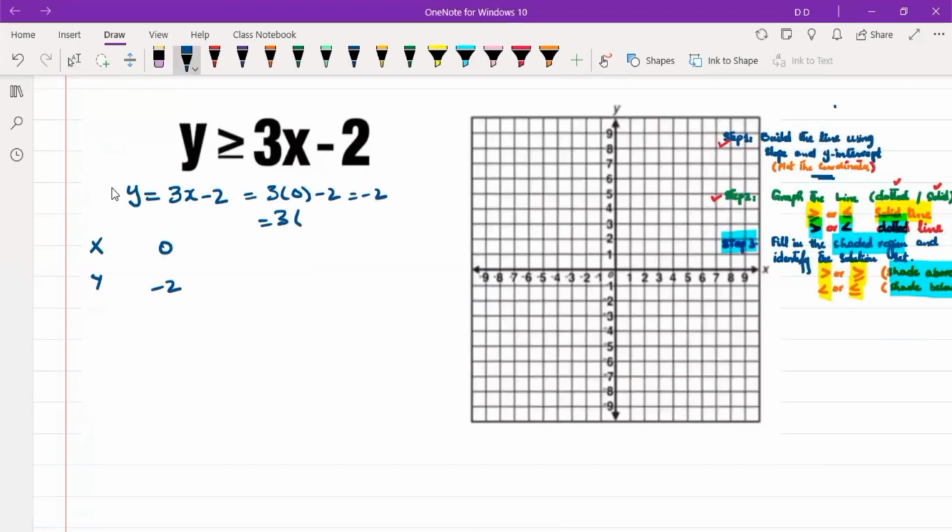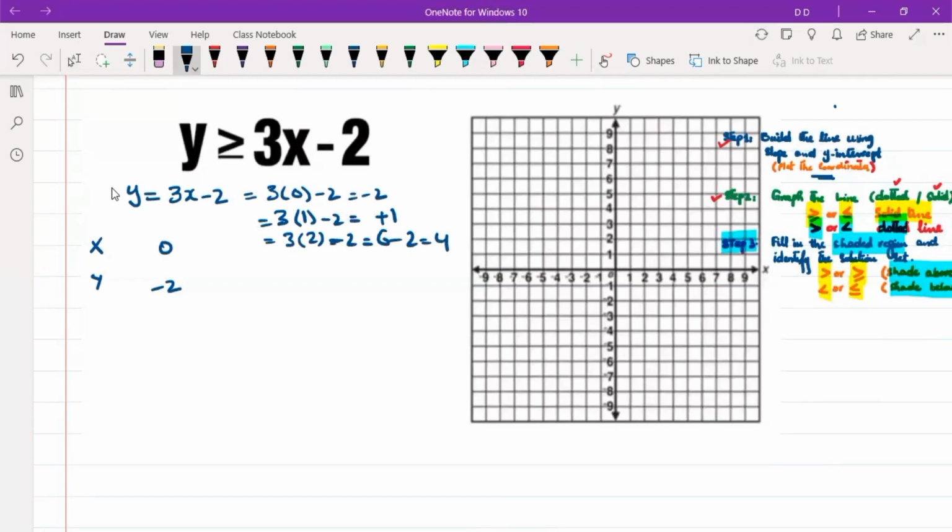When I substitute 1 here, then I'll get 3 minus 2, which is plus 1, right? Then if I substitute 2 here, 6 minus 2 gives me 4.